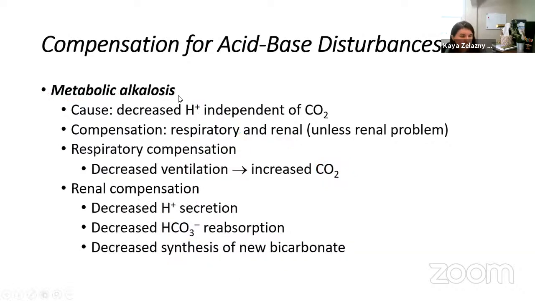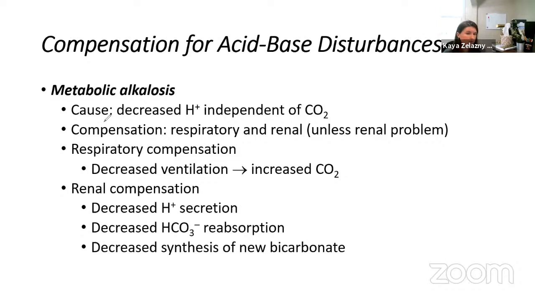In alkalosis, we have the reverse happening. So metabolic alkalosis, a reason for this that is not a renal problem might be like vomiting. When you vomit, you actually vomit out a bunch of stomach acid. So this decreases the overall acidity. That would be a cause of alkalosis that is not carbon dioxide. So we could adjust using both respiratory and renal systems.